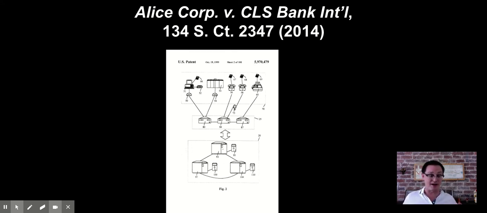Well, essentially, Alice observed that when people are engaging in transactions, one risk associated with transactions is that you'll pay and the other party won't perform. Oh my goodness, right? Hugely new problem. Not really. It's been around forever, right? How do we fix it? Well, Alice says, let's adopt a method of hedging or settling intermediated risk in order to avoid that problem, right?